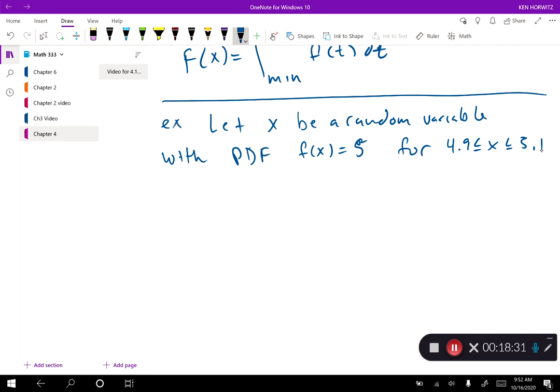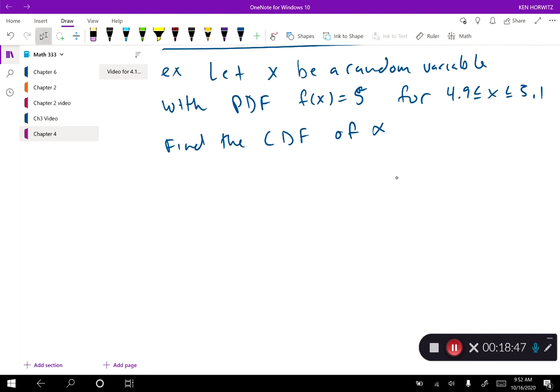So the question is, find the CDF of x. So if we're going to find the CDF of x, we need to integrate 5. All right, and when we integrate 5, we get 5x.